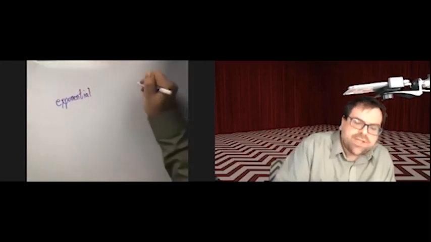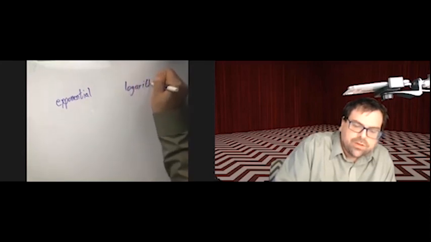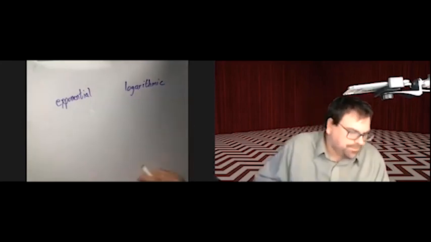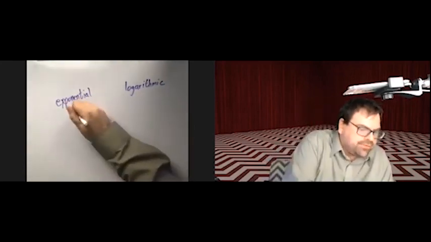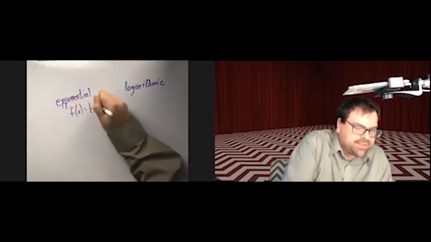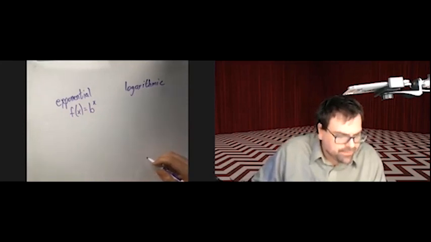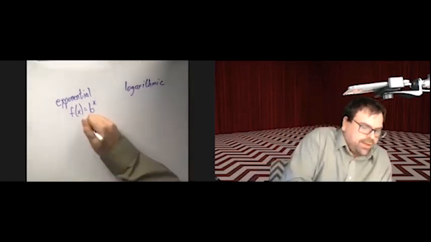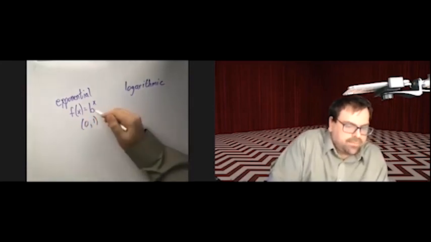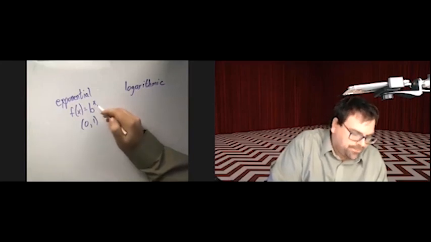Then I introduced exponential and logarithmic functions. An exponential function, something like f of x equals some base to the power of x. And this will always have the point 0, 1 on it, because anything to the 0 power is 1.